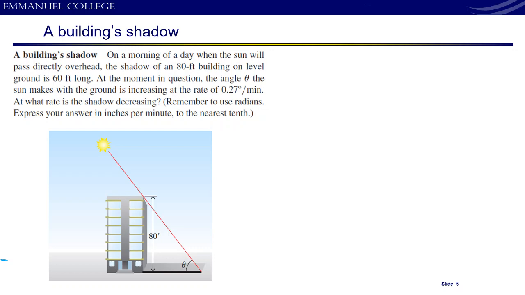So, first thing we have to do, it tells us at the start, the angle theta is increasing at a rate of 0.27 degrees per minute. So the rate of change of the angle theta as time goes on is 0.27 degrees for every 1 minute. I need this to be, though, in radians.